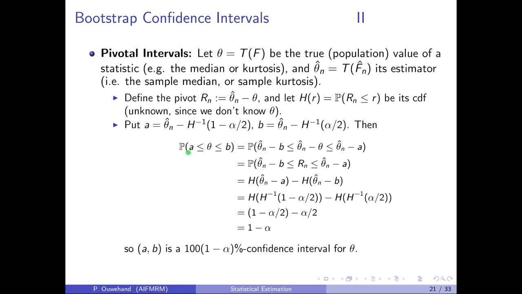And consider now the probability that theta lies between A and B. By rearranging this expression over here, we see that we get this expression here. This random variable in the middle over here is just Rn. And so what we have is the probability that Rn is less than or equal to theta hat n minus A, minus the probability that Rn is less than or equal to theta hat n minus B. In other words, this expression over here.